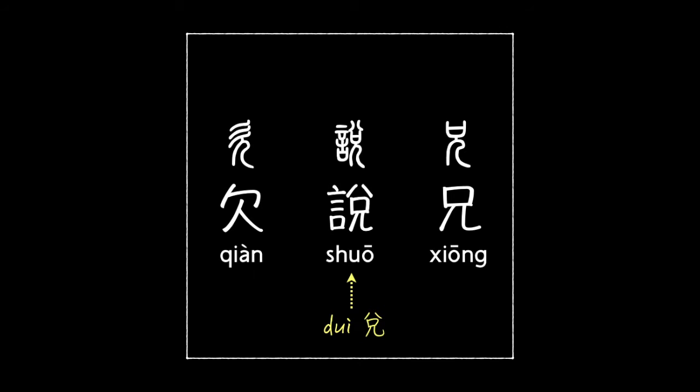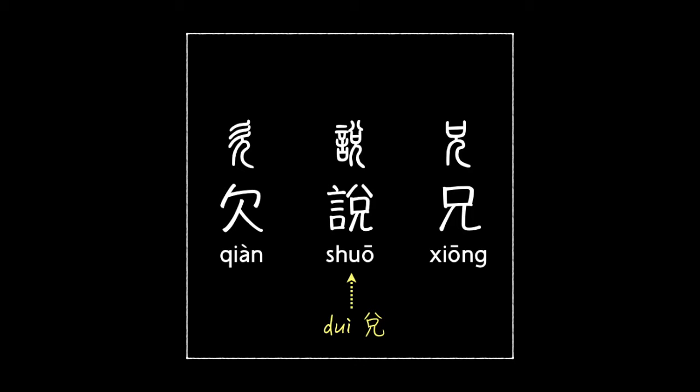Here we have a contrast between the yawn radical and 2 other radicals, 2 other characters at least, that feature an open mouth on top of legs. So the same idea was created and recreated in the language in a way that's not systematic. There's no way you could identify one by looking at the other. Of course, there's no way you can ever guess the phonetics from one to the other.